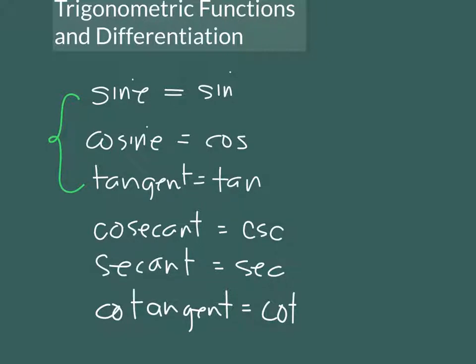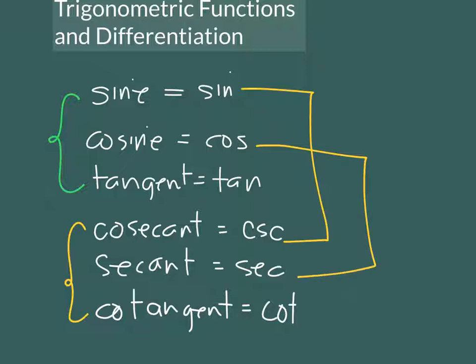The cosecant, secant, and cotangent are just the reciprocals of the 3. And that is sine to cosecant, cosine to secant, and then tangent to cotangent. Okay?